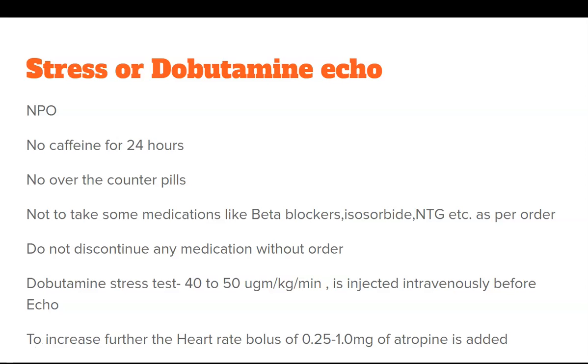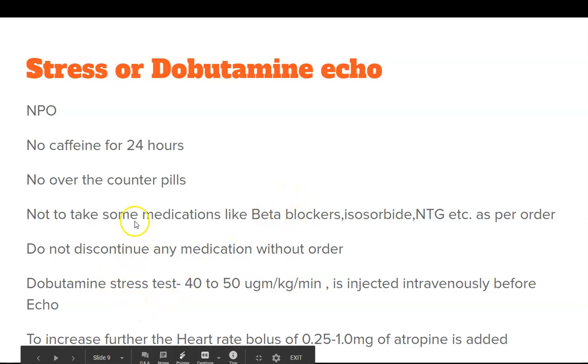So you have to advise them not to smoke and not to drink coffee for 24 hours, and not to take some medications like beta blockers, isosorbide, some of the heart related drugs. They may stop it, but tell them not to discontinue any medication without an order. The doctor has to prescribe which medicines to take and not to take.